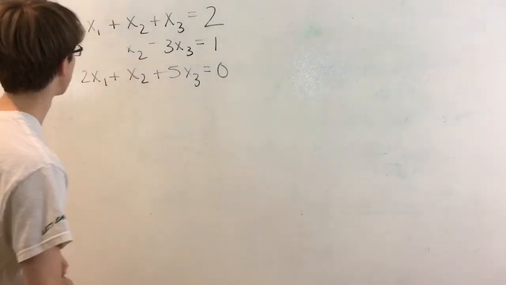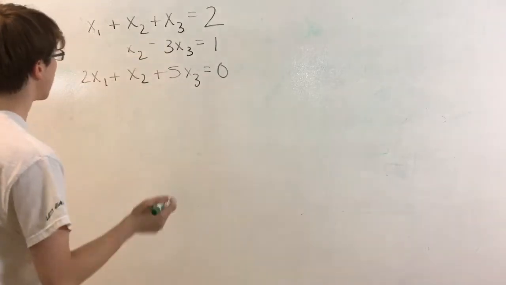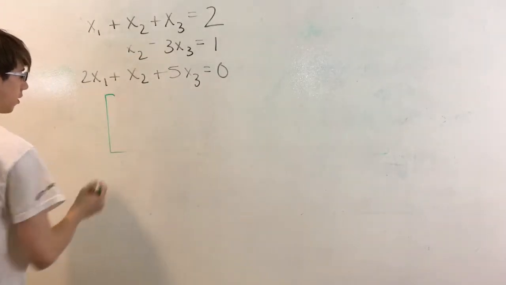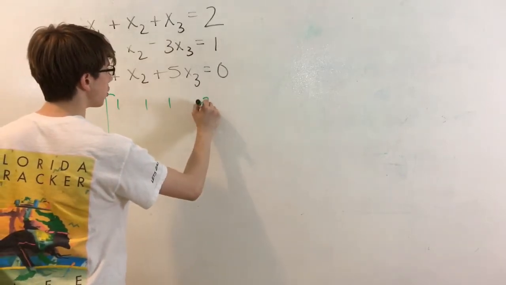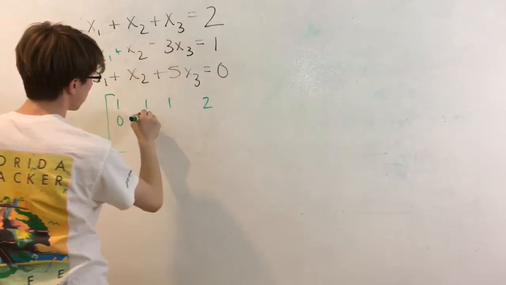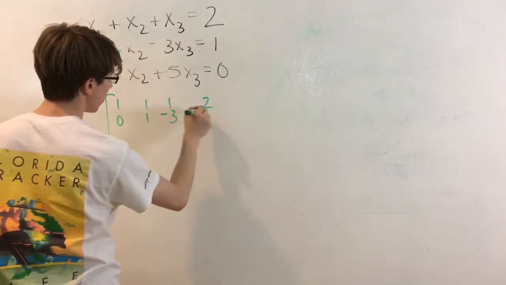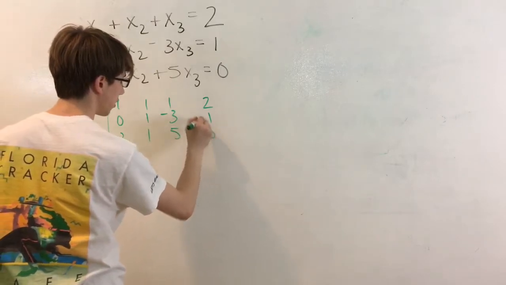Let's make that matrix: 1, 1, 1, 2, 0, 1, negative 3, 1, and then 2, 1, 5, and 0.